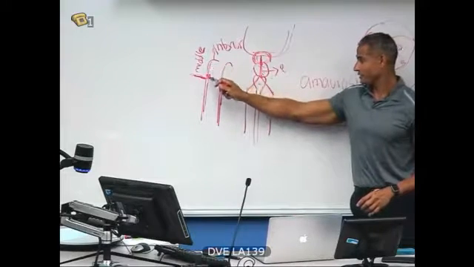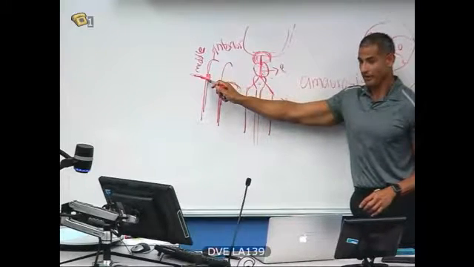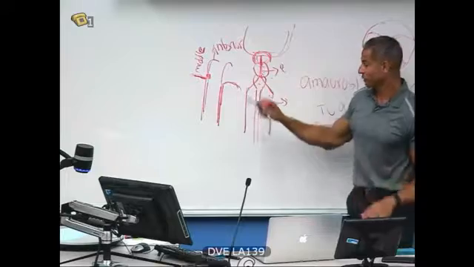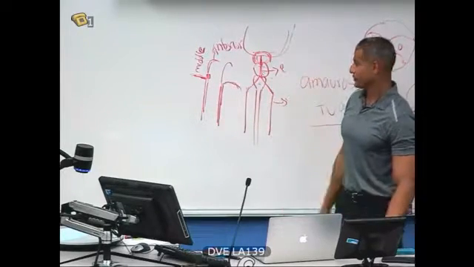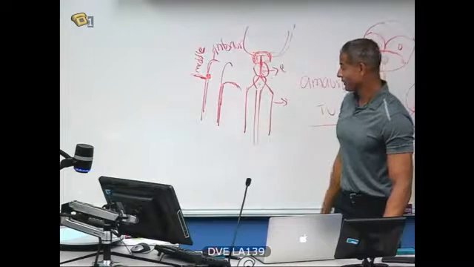This is where the internal carotid artery ends. When it branches into those two main branches, a middle cerebral artery and an anterior cerebral artery, that's it for the internal carotid artery.